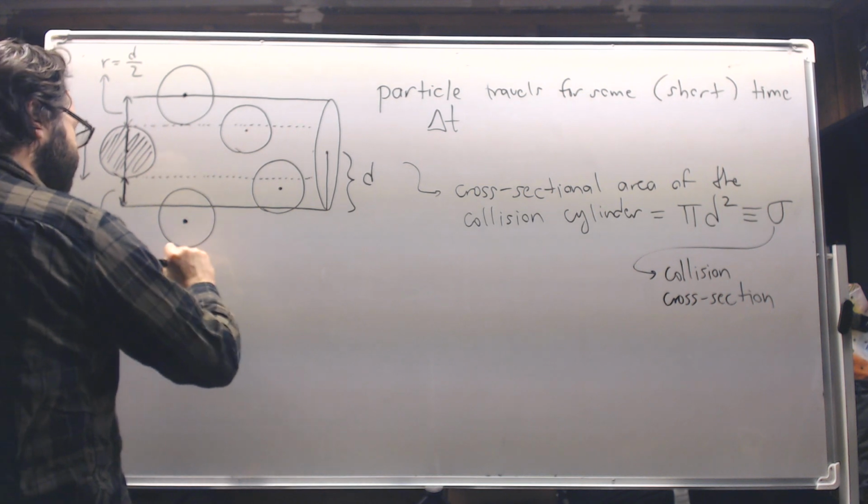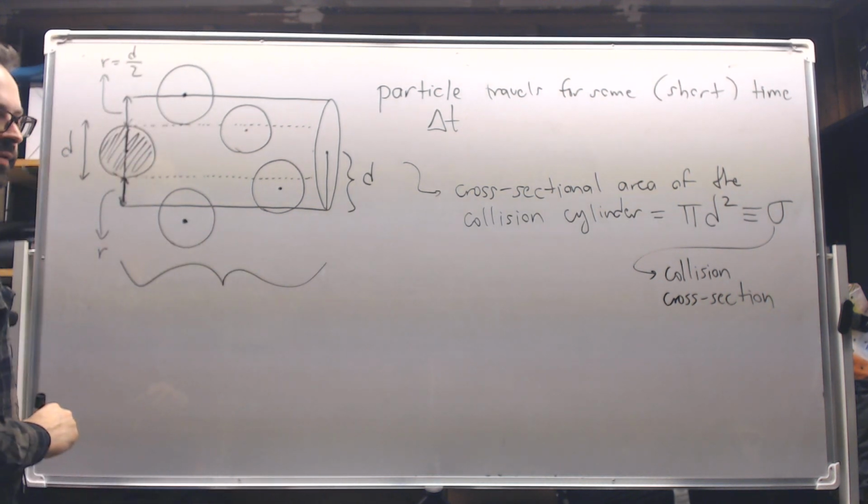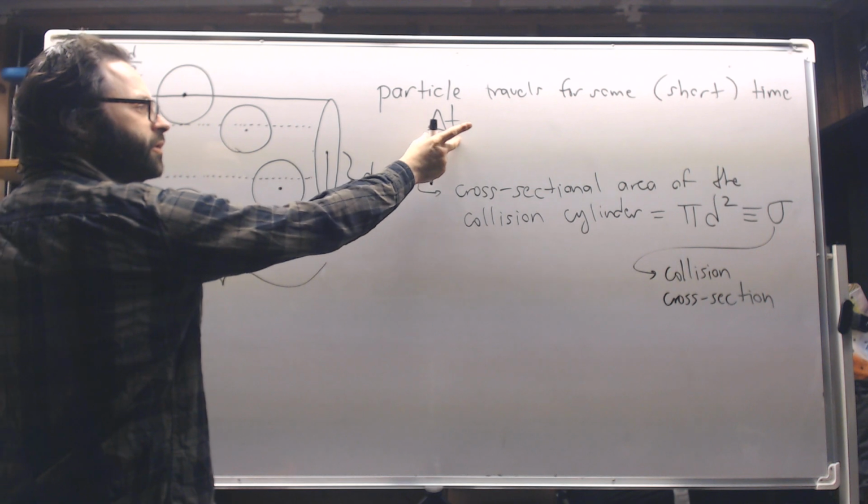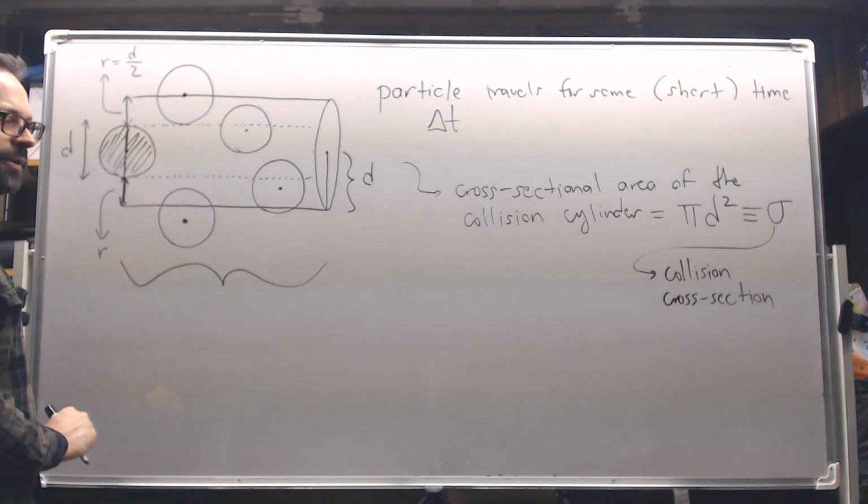What is the distance that the particle covers when it moves for a length of time delta t?